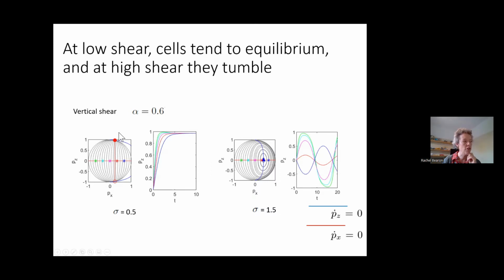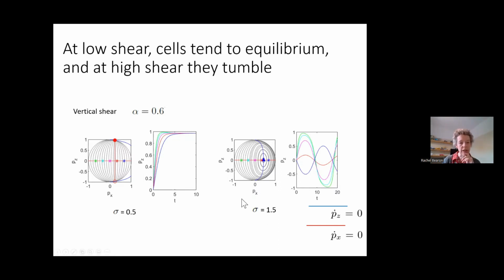So it's just off the vertical, just tilted over slightly in the positive Px direction. And if we plot it as a function of time, regardless of where you started with these different stars, you'll end up at that equilibrium point, just a simple equilibrium.